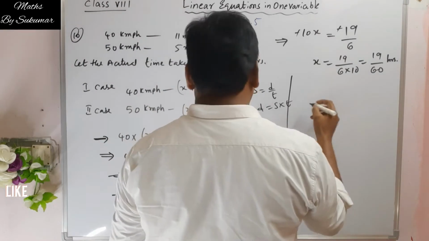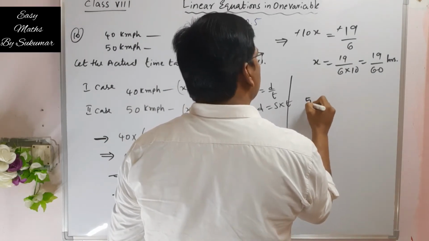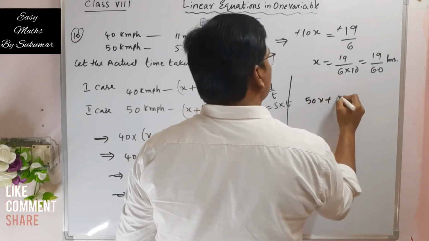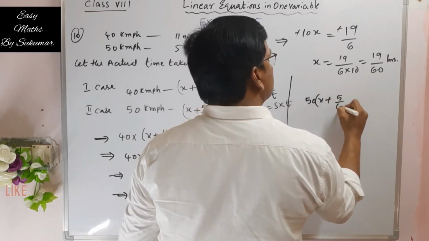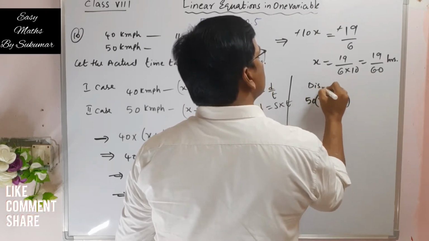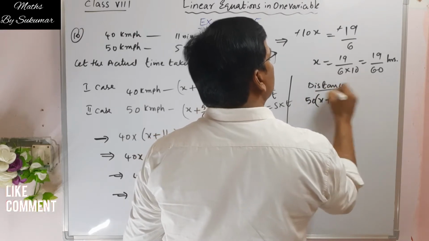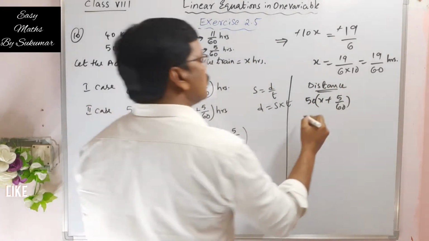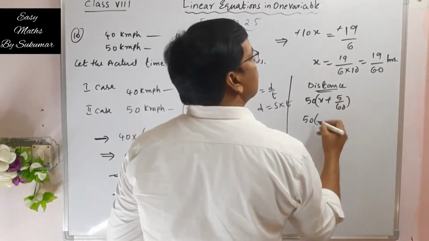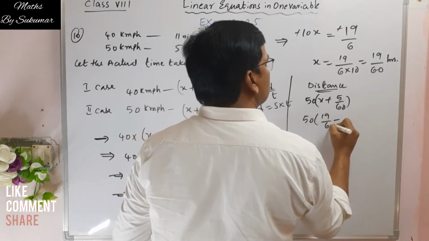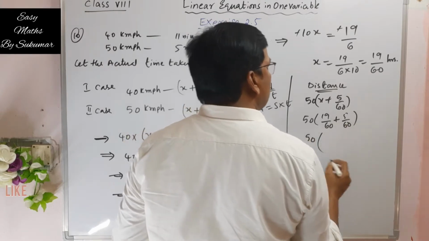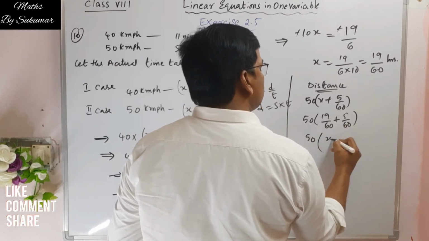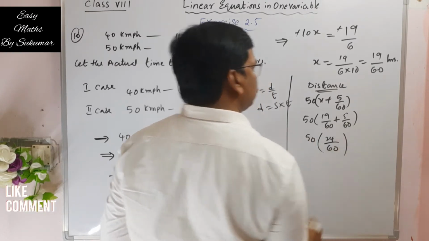Let us take 50 times x plus 5 by 60. This is the distance covered by the train. That means 50 times of x, which is 19 by 60, plus 5 by 60. So this is 50 of 19 plus 5, which is 24 by 60.